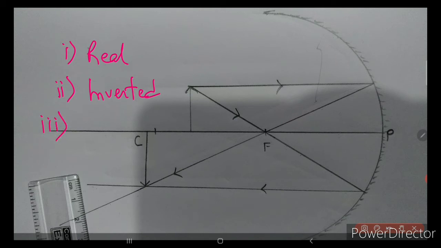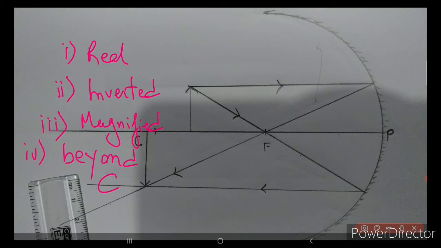Number 3, it is magnified, it is bigger, and the last one, you can see it is formed beyond the center of curvature. So these are the nature of the images formed and the position as well. So this is all for case number 5.